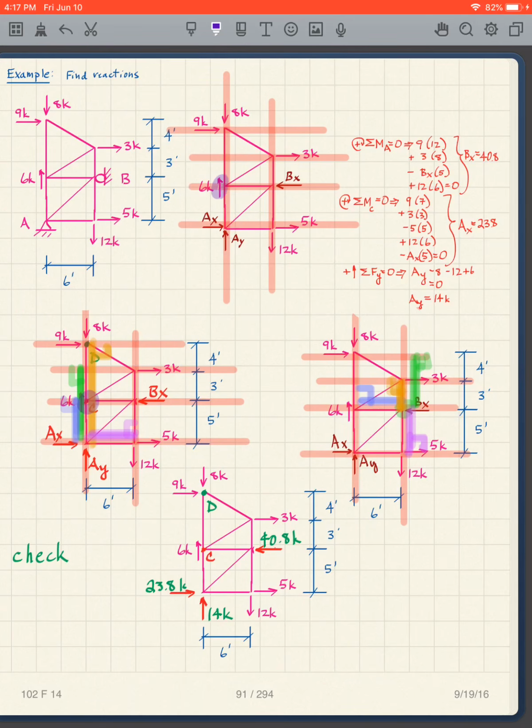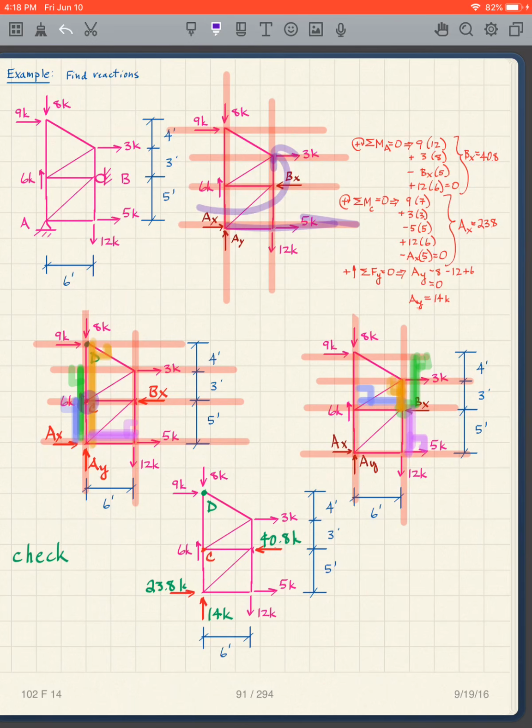Well, again, I have 9 times that distance, which is 7. And this 3, there's my line of action, there's my perpendicular distance, which is 3. And then I have this 5. There's the line of action.